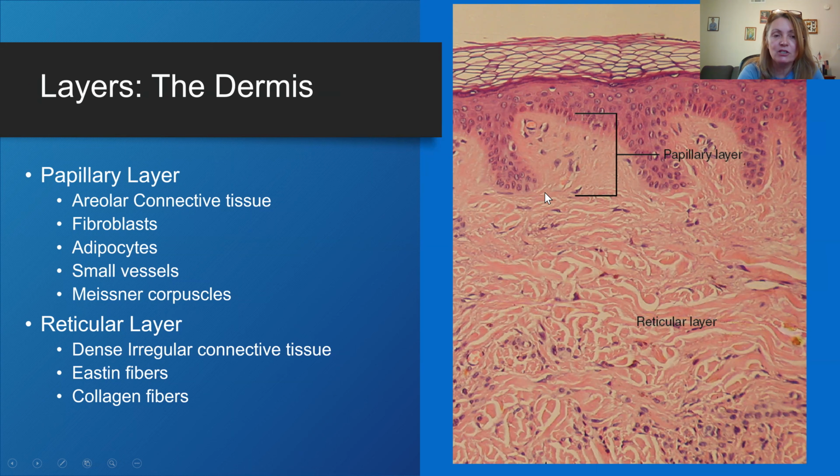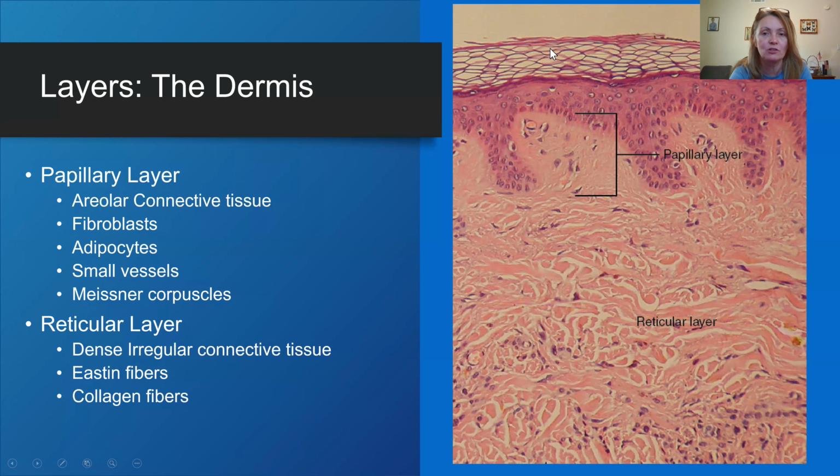And the second layer is the reticular layer. So you can look over here. The reticular layer is made of dense irregular connective tissue. So areolar connective tissue, dense irregular connective tissue. And if we start from the beginning, epithelial tissue, specifically stratified squamous keratinized epithelial.